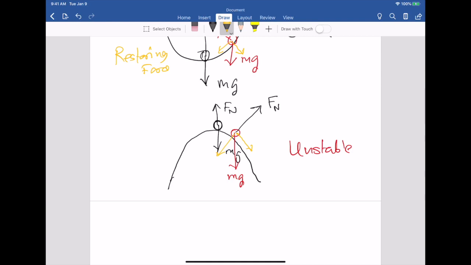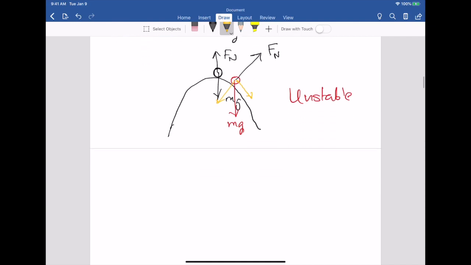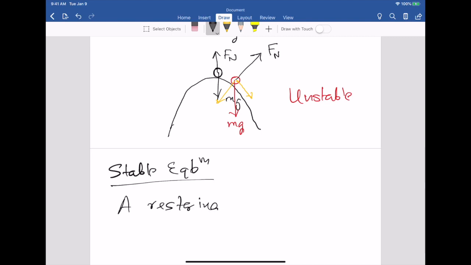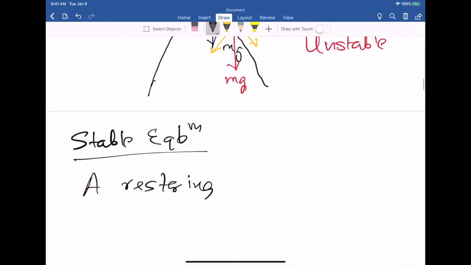So stable equilibrium is characterized by the presence of a restoring force which shows up whenever the system is displaced. So let me write that down. In stable equilibrium, a restoring force shows up. And I should clarify one thing here. It's not just a restoring force. It could also be a restoring torque.